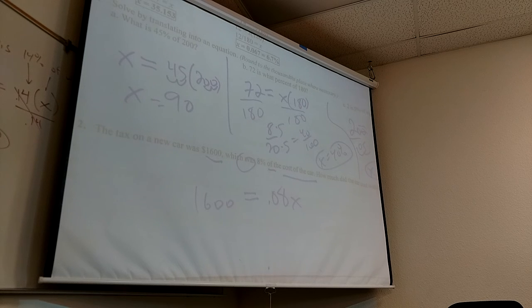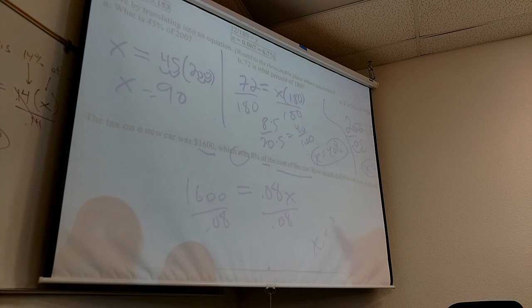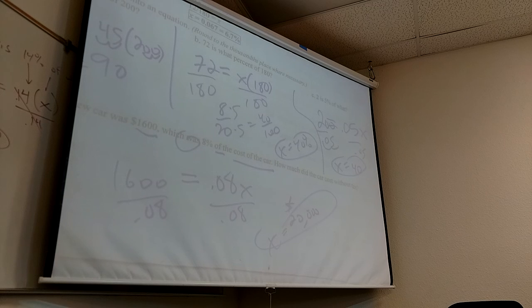So you don't take 8% of 1,600. 1,600 came from taking 8% of something I don't know. So 8% of 1,600 is not going to get you anywhere. Well, it's the wrong answer. Divide by 0.08, divide by 0.08. So eventually you get 20,000, which makes sense for the price of a car.